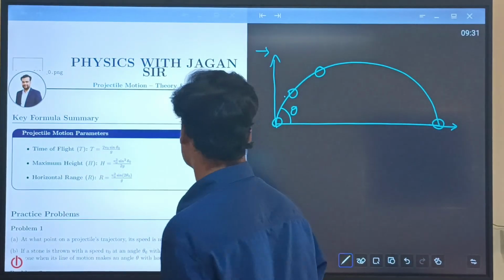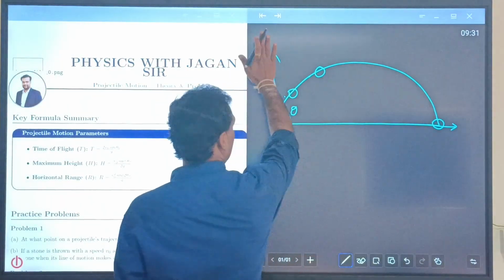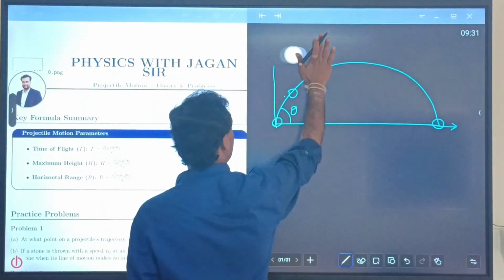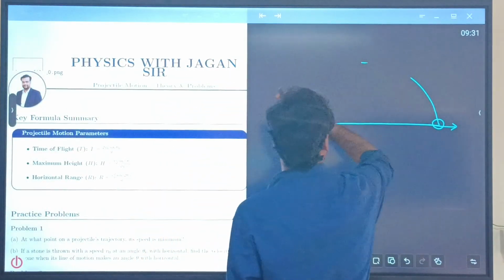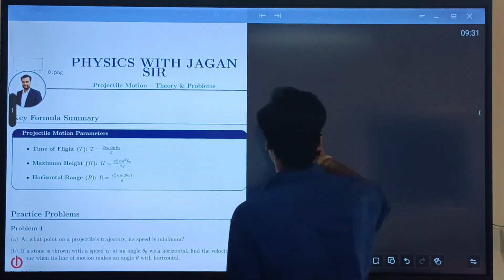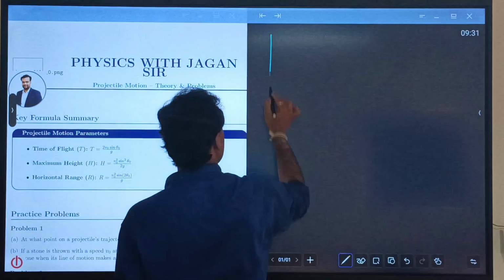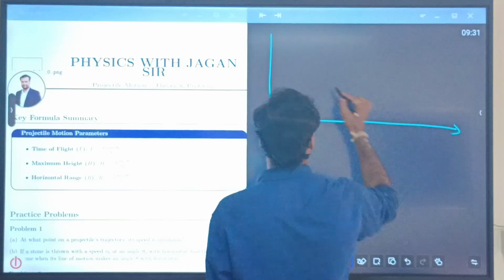And the second point: first of all, how can I find the time of flight? Time of flight is the time taken by the object to reach from the initial location to the final location.